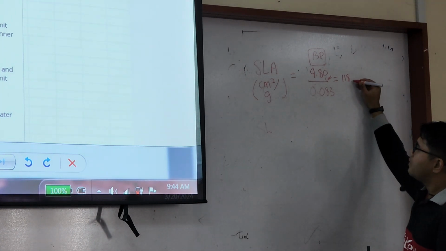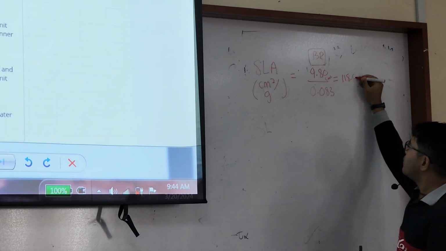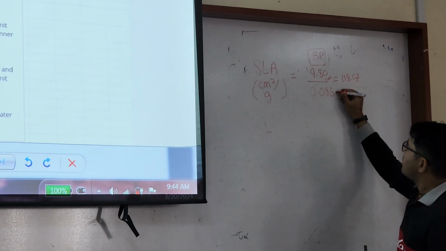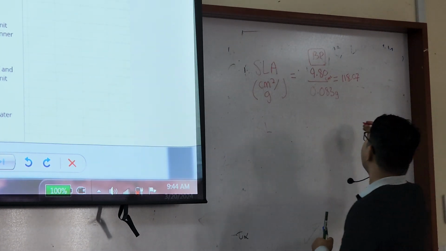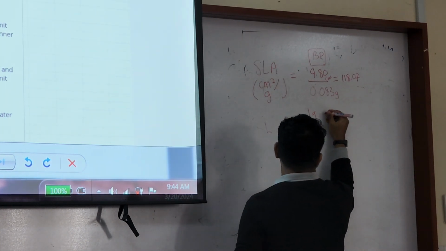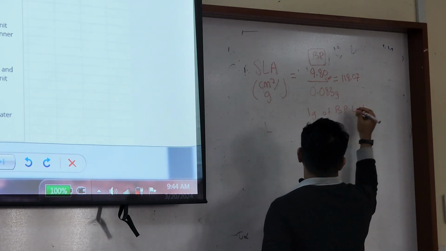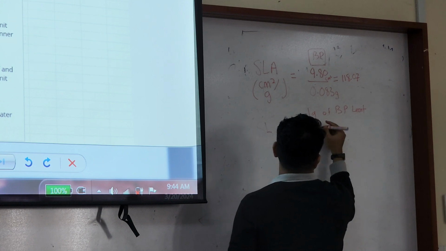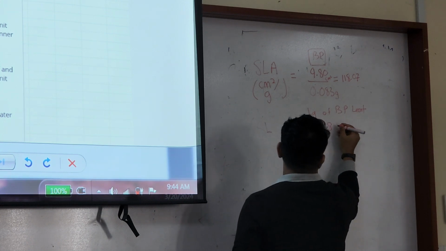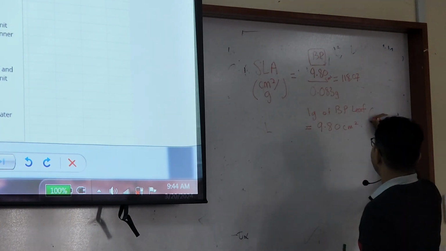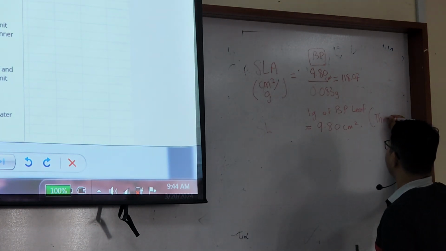Lepas tu ada point 0.07. Okay, this is gram, right? That is to show for every 1 gram of butterfly leaf, you get 9.8 square centimeter. This is to show that this is a thin leaf.